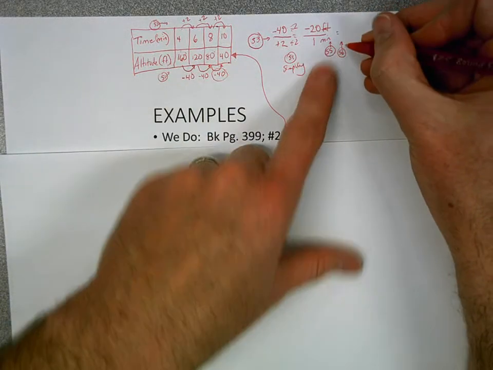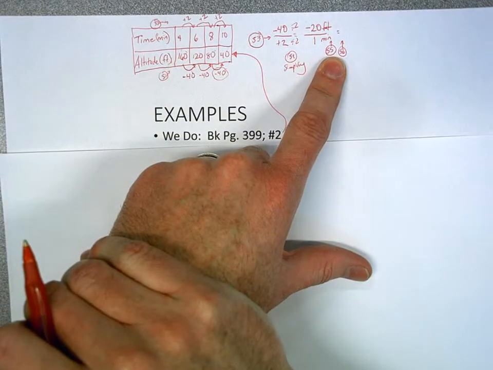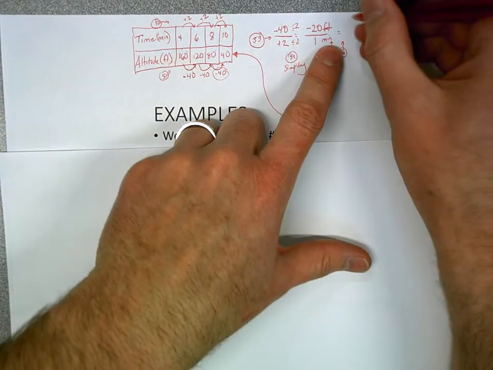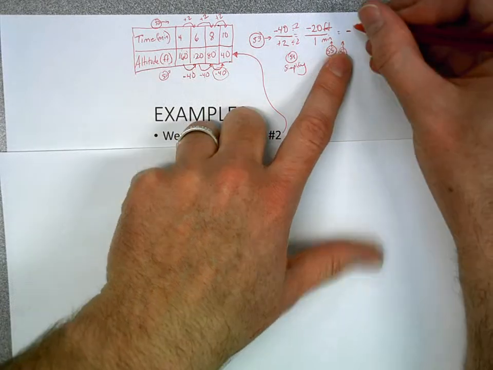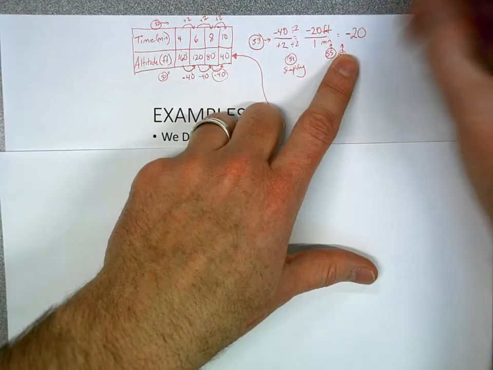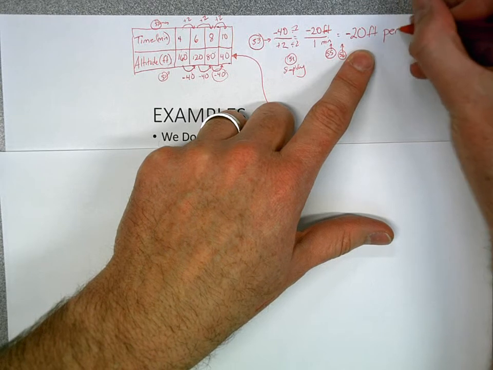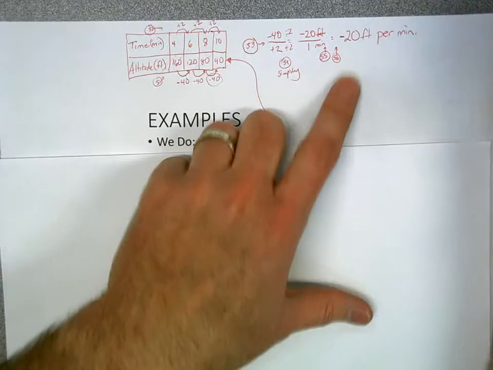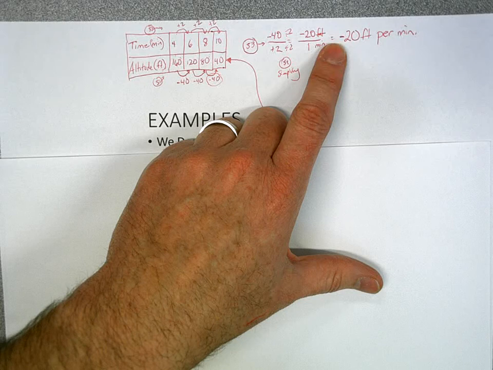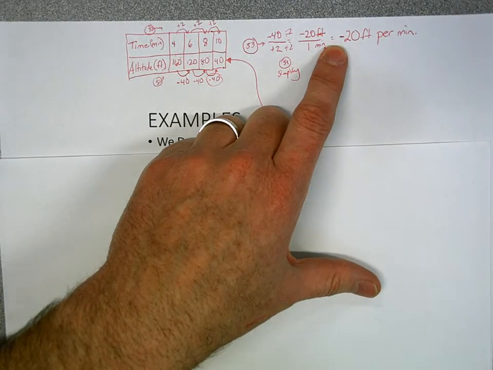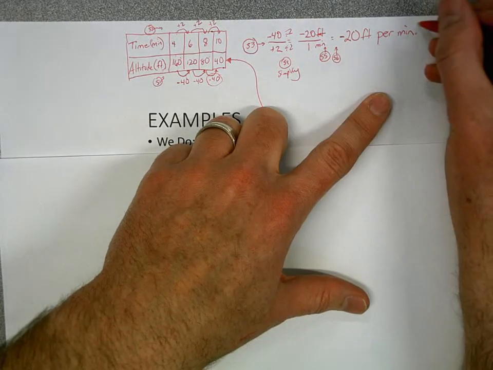At this point, change it to a sentence or a phrase. So we can have -20 feet per minute. If you put a drop of 20 feet and actually change that to a word, I'll take that too. That's even better. Okay.